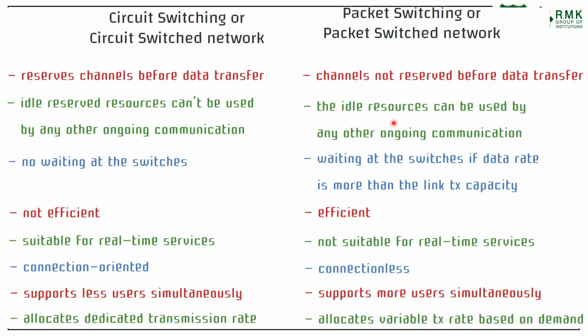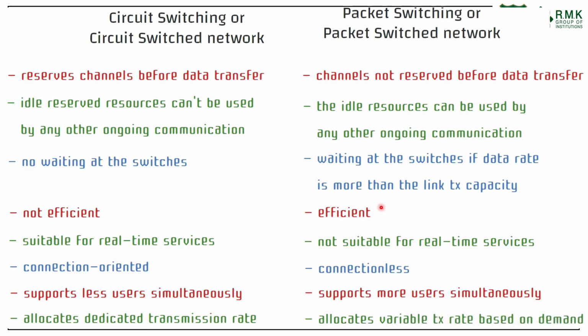But the idle resources can be used by other communications in packet switched networks. In circuit switched networks, there is no waiting time because before transmitting the data, the connection is established. So the data is transferred directly to the receiver through the switches or routers in between.